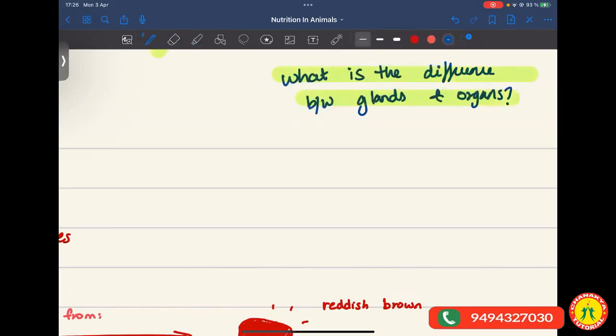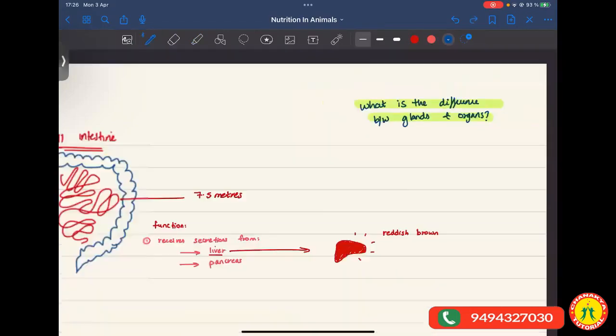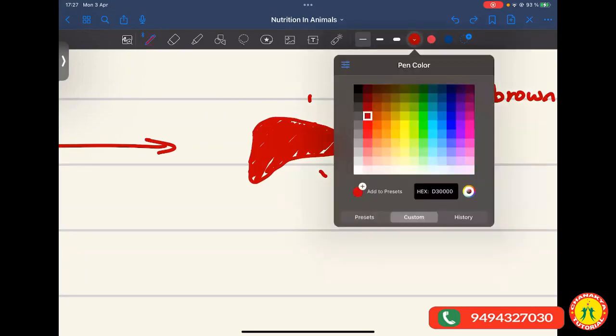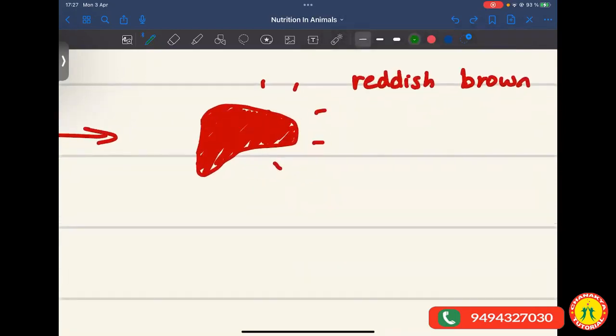Okay, so basically there are a lot of glands in our body, and one of the largest glands in our body is our liver. The liver is the largest gland in our body. It secretes a juice which is a dark green or greenish color, which is called the bile juice.